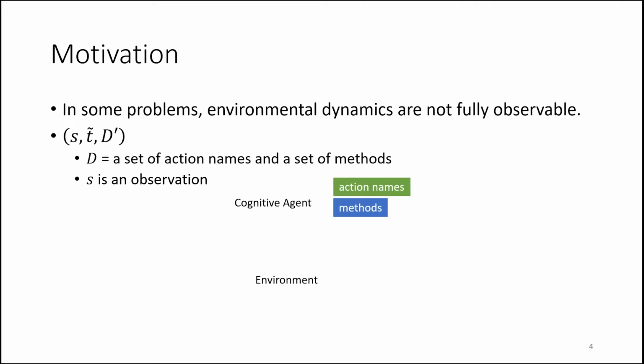And also the agent needs to observe a state through observation. That means the dynamics of the environment are not fully known to the agent. In this case, the dynamics of the environment refer to the action functions.